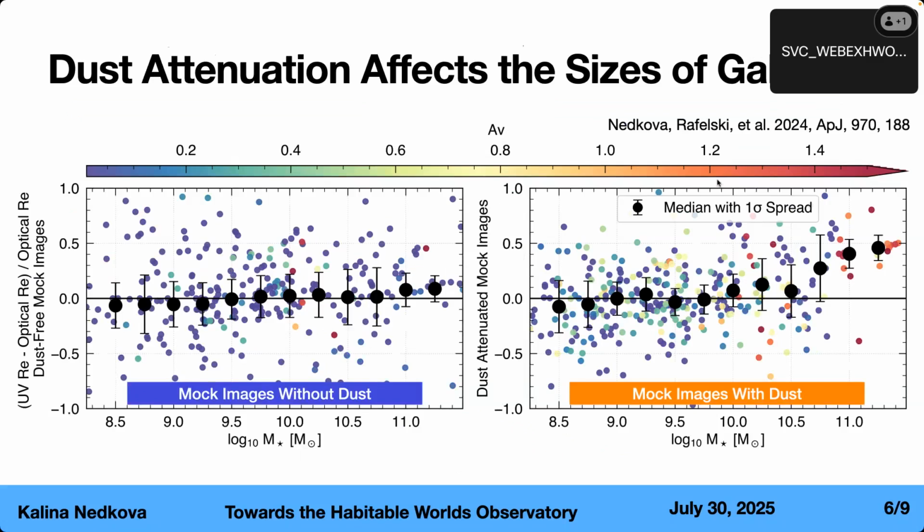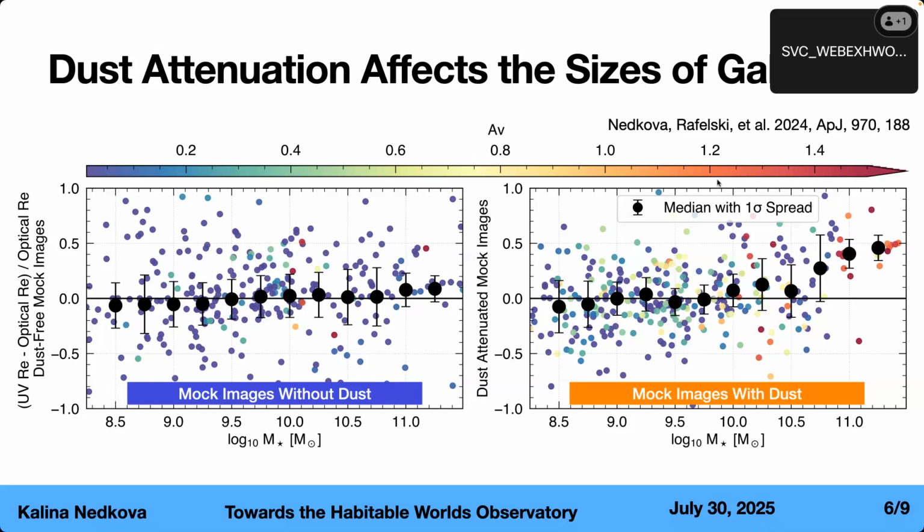Okay. And so let me take a second here and just explain the axes. On the y-axis, I'm showing you the difference between the UV size minus the optical size normalized by the optical size. So this is just the difference in size from our simulations. On this panel, I'm showing you the dust-free simulations, and on this side, I'm showing you the dust-attenuated results.